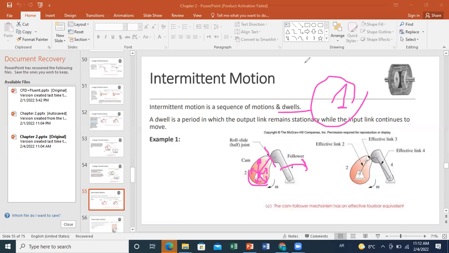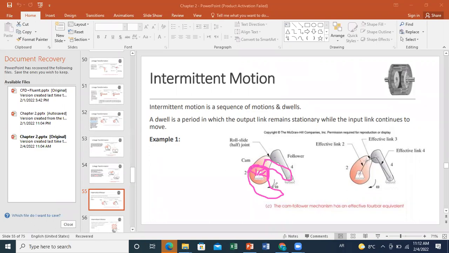So imagine that now you have rotation of your cam, and in this part, when it's rotating and the follower is in contact with it, this distance is not changing. So this is your cam in this position. For this part, when the contact point is a part of the circle, the distance is not changing, and this will cause a dwell for the follower.